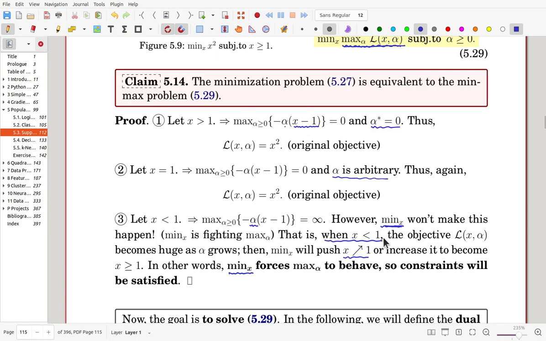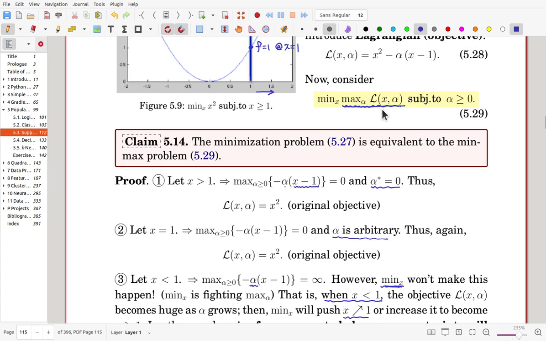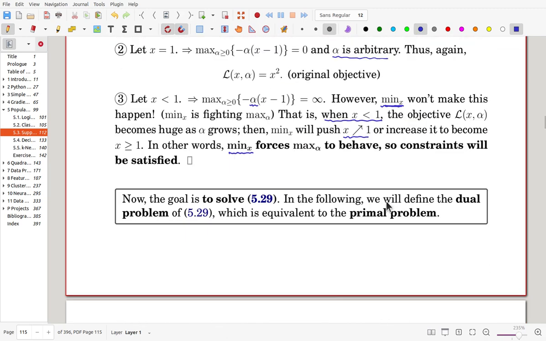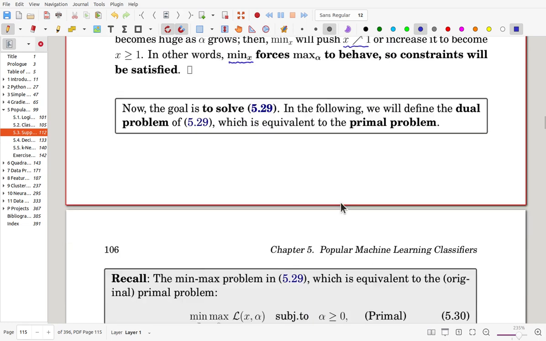Now, we may consider this problem as the primal problem. That is primal, and because it's equivalent, we may say this is primal. Now here, we'll define the dual problem of the primal.